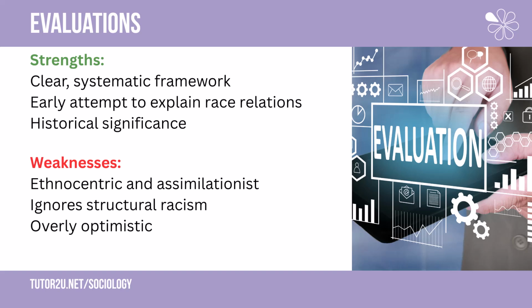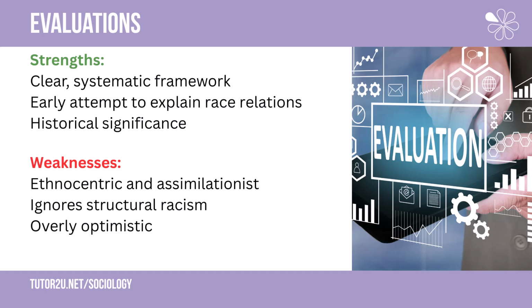However, the weaknesses of the model are significant. It's been widely criticised for ethnocentrism, assuming that minority cultures should conform to the dominant white British culture, and for being overly optimistic about the pace and inevitability of assimilation.